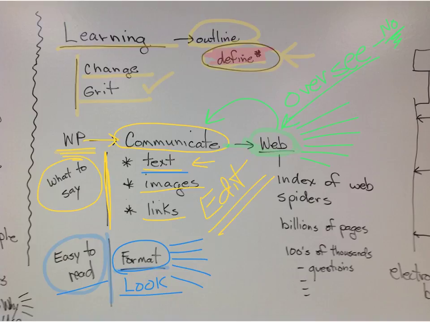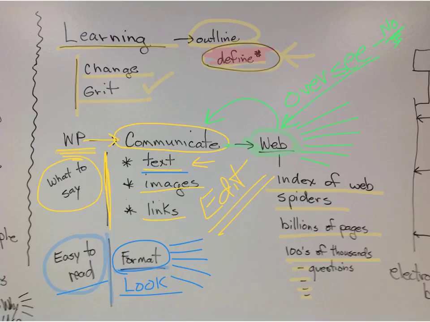Okay. We watched Matt Cutts. It's in the outline. Matt Cutts, and we watched how search works. I like it. Search engines keep an index of the web. They use spiders to find the information. Billions of pages, hundreds of thousands of pages to search when you ask a question.